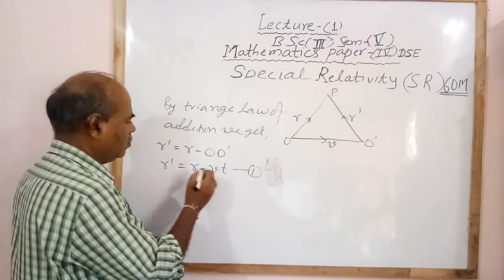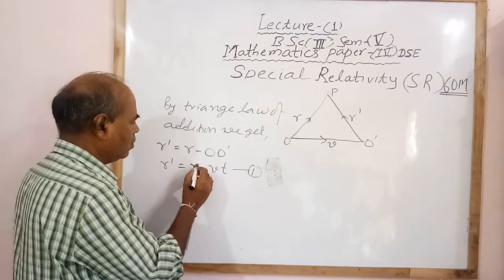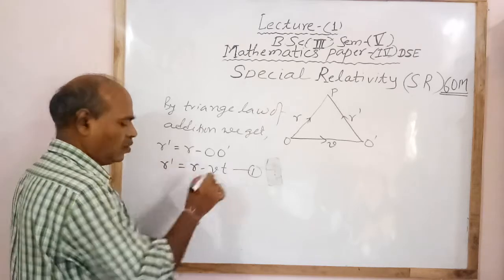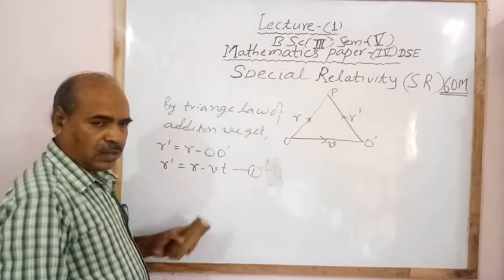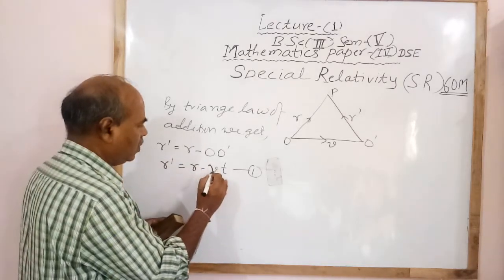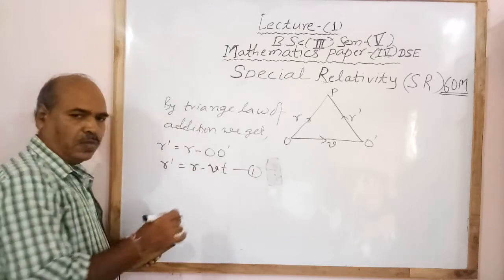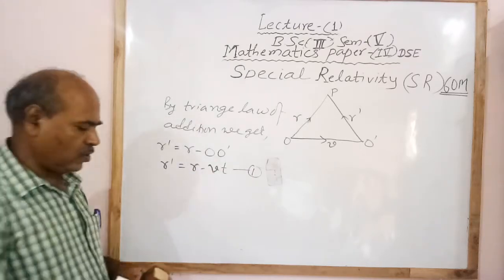Now here r dash, r, these are two vectors and are denoted by bold. This v is also a vector. Therefore, these are denoted by bold letters.